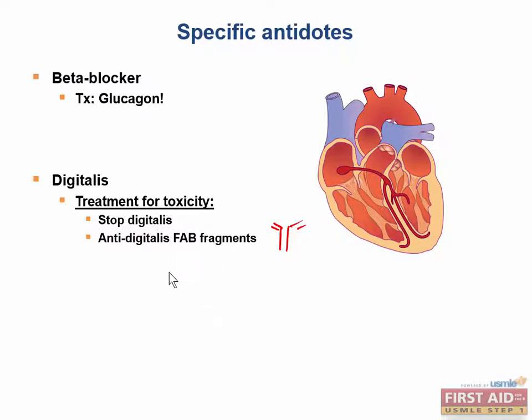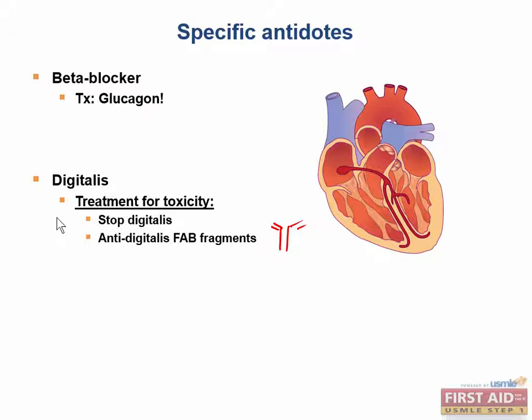Since we're talking about digitalis, let's go ahead and do some cardiology review. Now, what is the mechanism of action for our digitalis drug? Well, digitalis is a cardiac glycoside that's going to inhibit the sodium-potassium ATPase, which leads to an inhibition of the sodium-calcium exchanger.